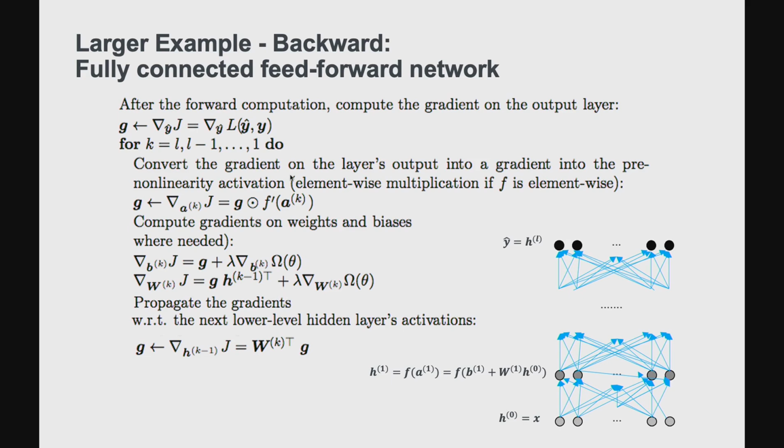Now, if I compute the derivative for that, the derivative is just this f prime, and I multiply this pointwise, element-wise, with the gradient that I get from above.